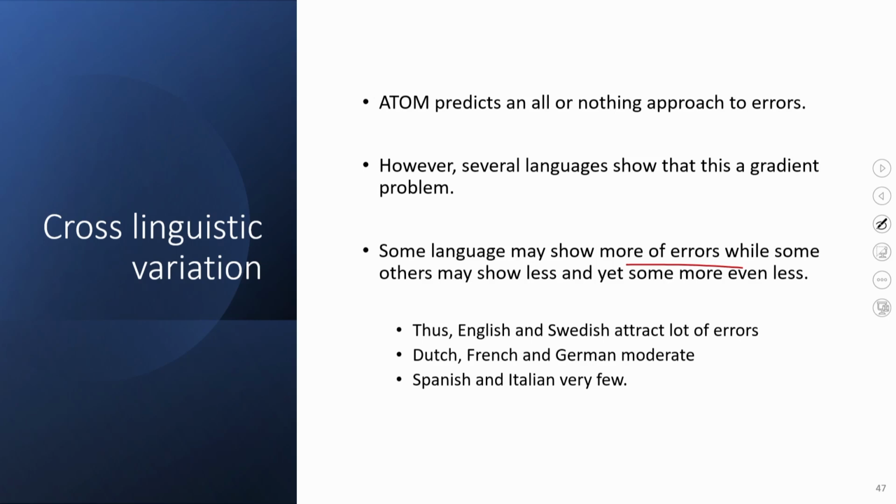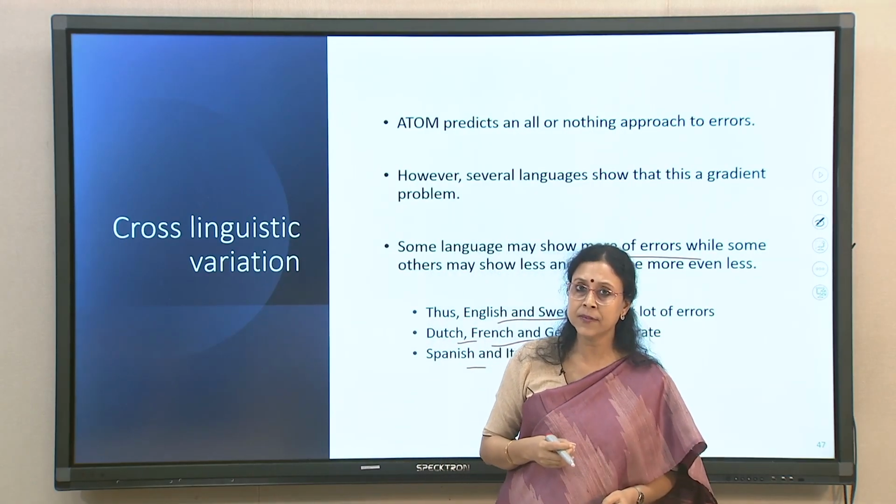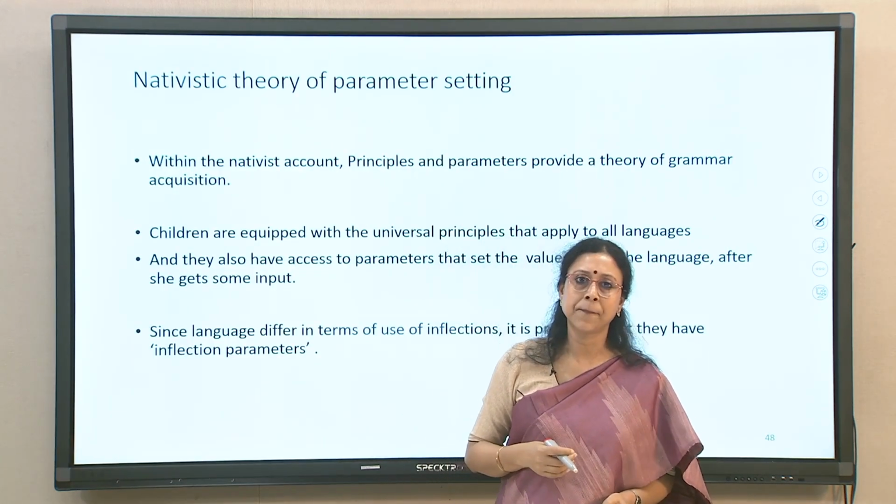Some examples have been given in the literature. English and Swedish attract a lot of errors, comparatively Dutch, French and German have a moderate rate of errors, and Spanish and Italian have very few errors. Now, this is another problem, this cross linguistic variation, which again has issues with the theory.